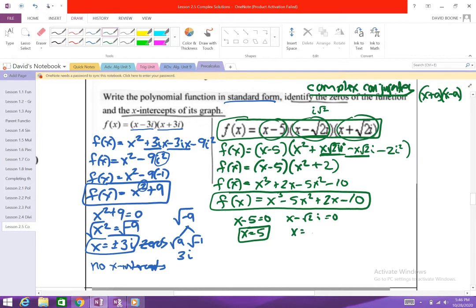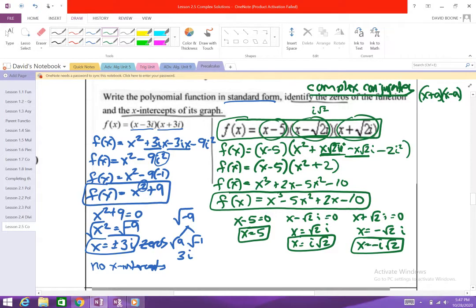So let's add that to both sides. So x equals root 2I. Preferably, I like to put that I out front, so I go I root 2. And then the last one, x plus root 2I equals 0, and x equals negative root 2I. Again, I like to put that I out front, so we'll go negative I root 2.